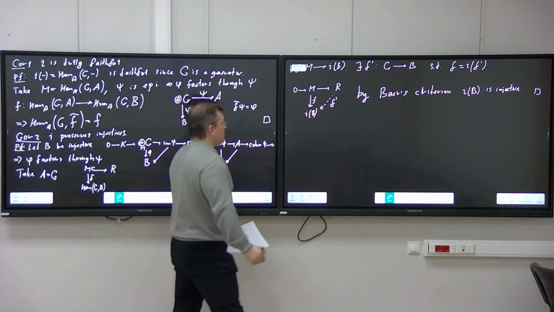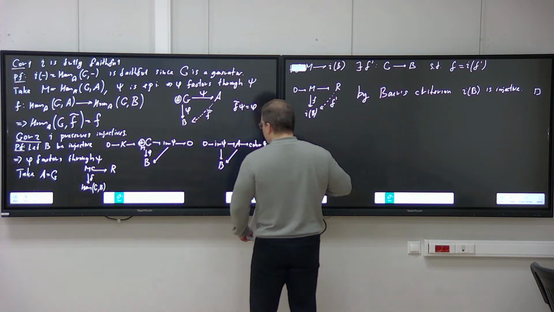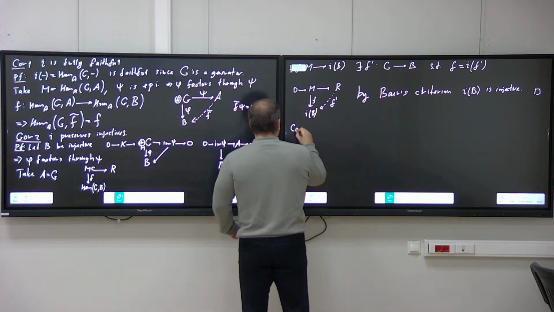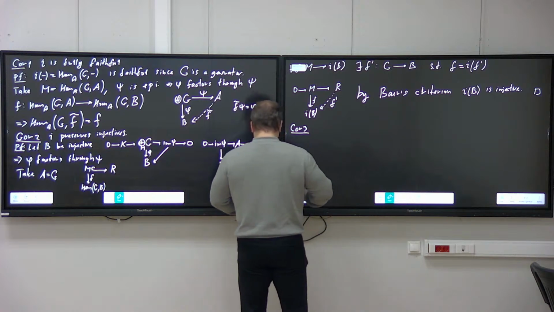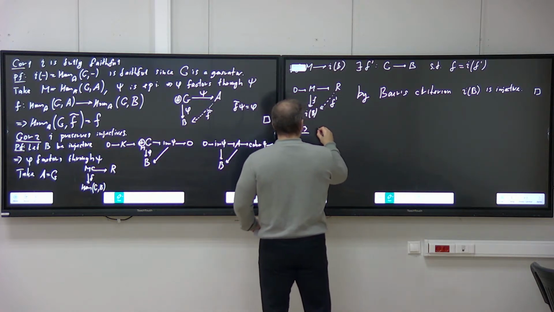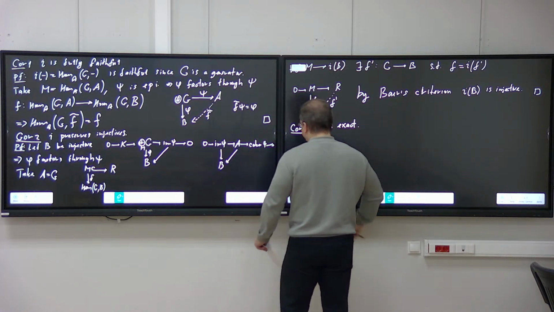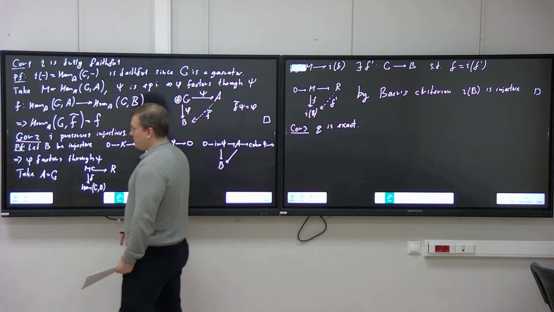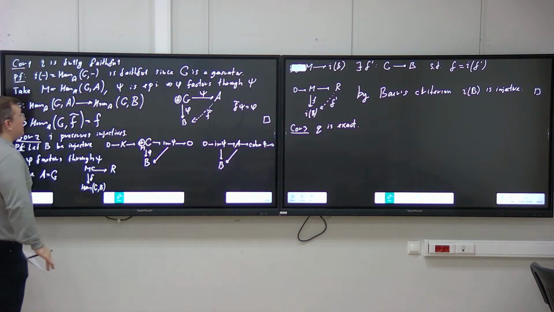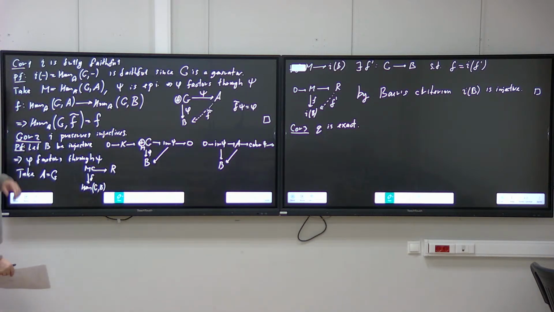The next one, I'm going to call this corollary 3, but this is just a general categorical property that Q is exact. This doesn't rely on the computations with the diagram.